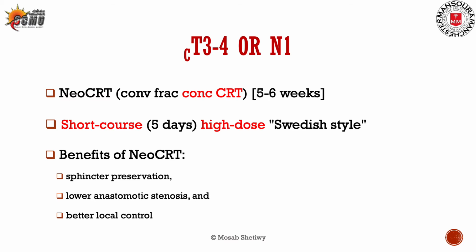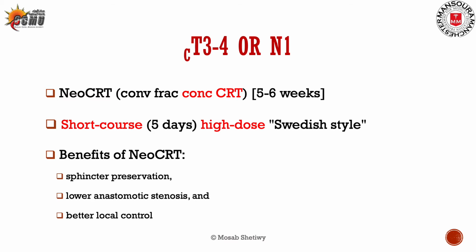It takes about 5 to 6 weeks for the patient to finish the concurrent course, and then he's referred to surgery. Another regimen that was used but not favored by Americans, the Swedish regimen, the short course high dose radiotherapy, is given for 5 days and then the patient is referred to surgery.